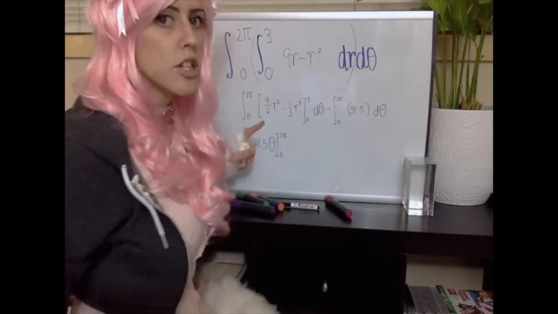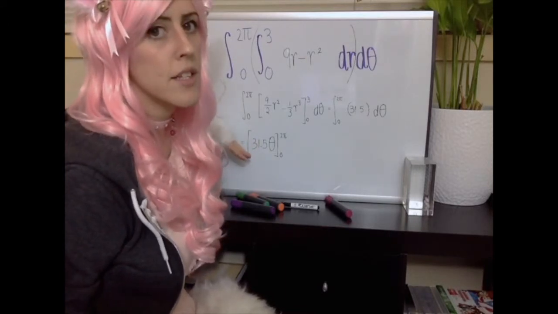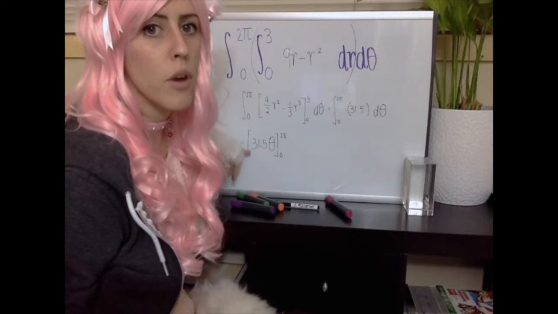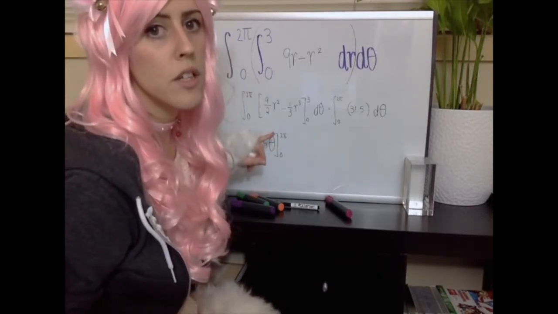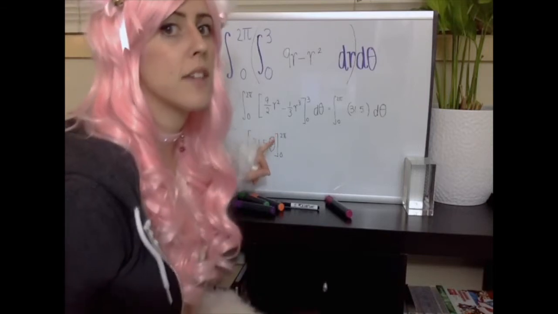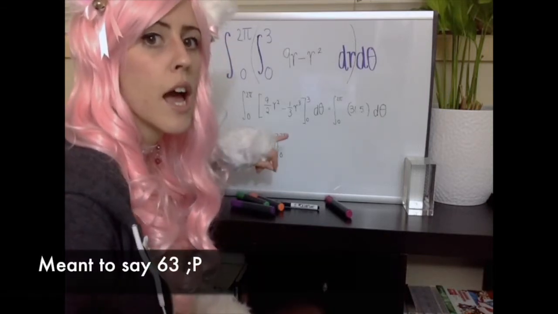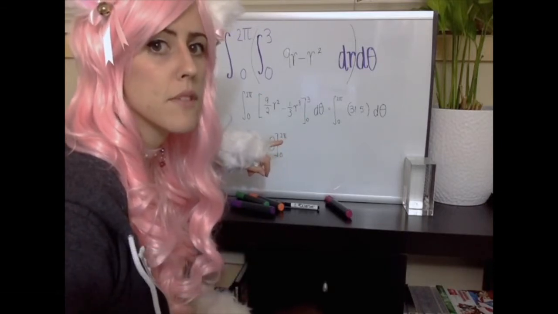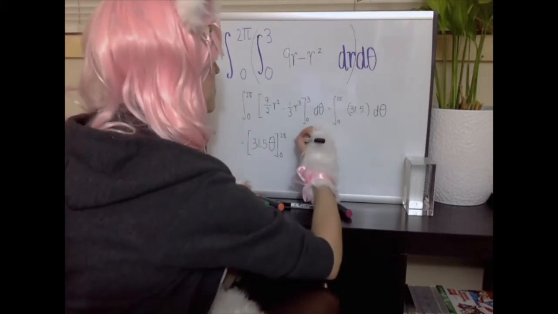We're going to substitute 0 and 2 pi into here. 0 is not going to give us anything because theta is a factor in here. So we're just going to sub in the 2 pi and that's going to give us our answer. 31.5 times 2 is 63 pi. We could just leave the answer like that.